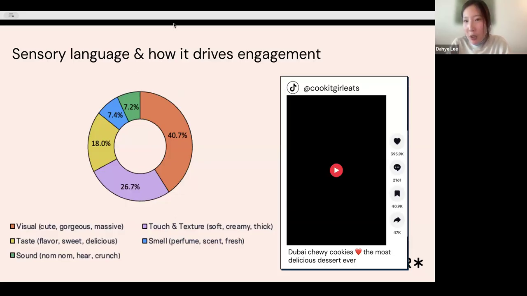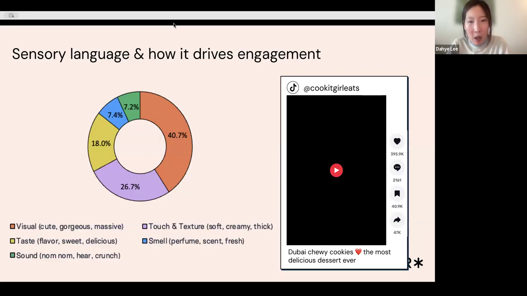Texture and touch cues like soft, creamy, thick are the closest second, especially in beauty and food. What's also interesting is that top viral video content usually delivers on both visual and texture or touch cues together.